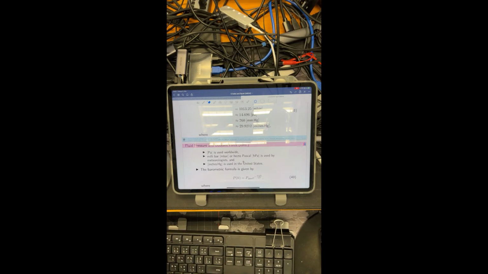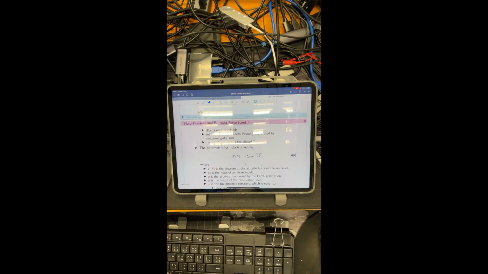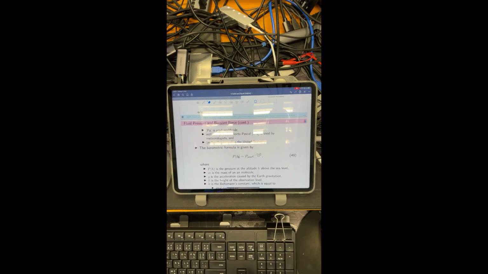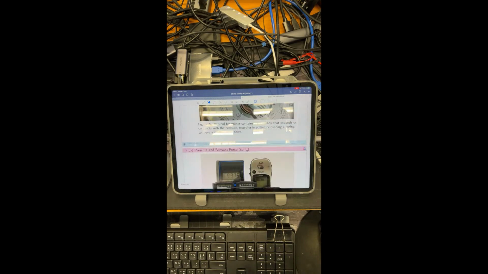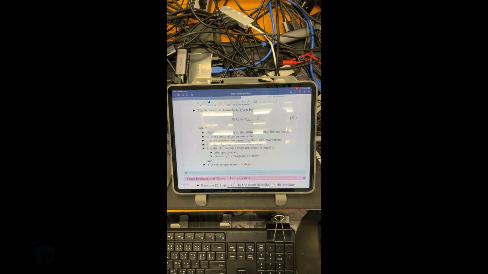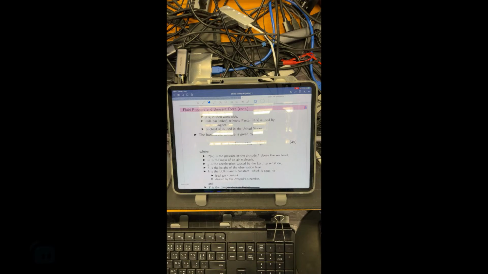The barometric formula is given by this one. If you are higher than the typical sea level, and you want to find the relation of your pressure when you don't have an aneroid barometer, you can also use this formula to predict the pressure at your level.